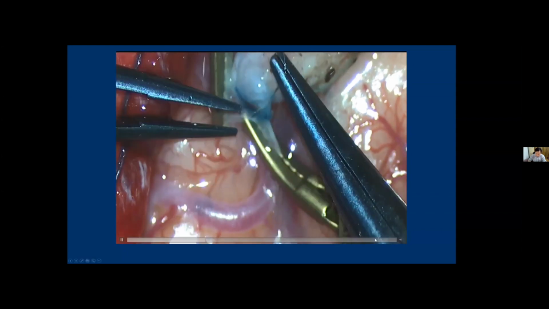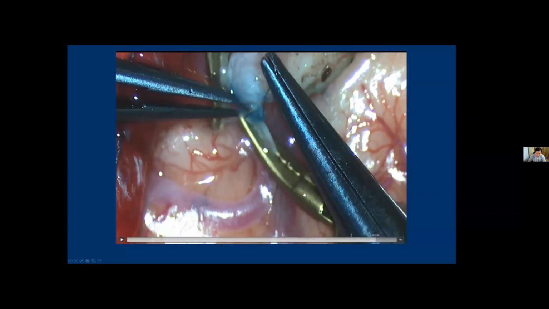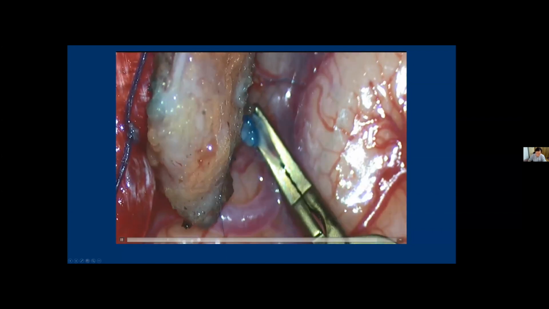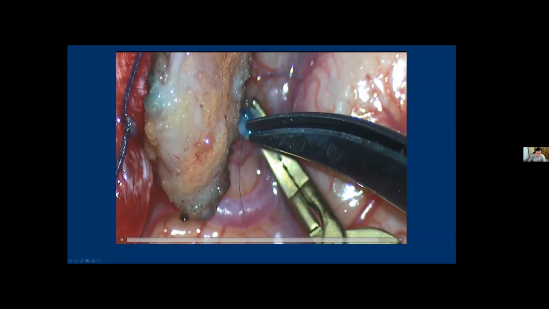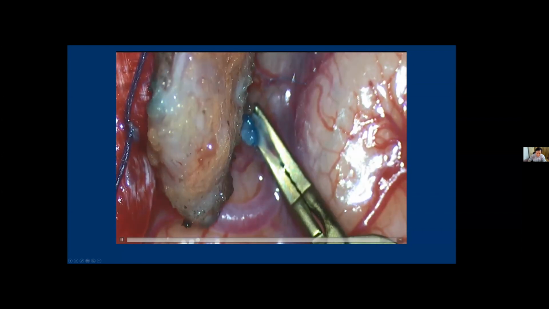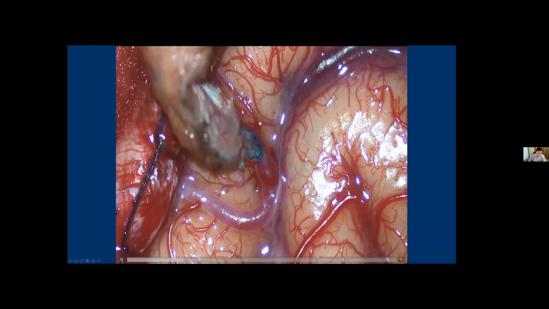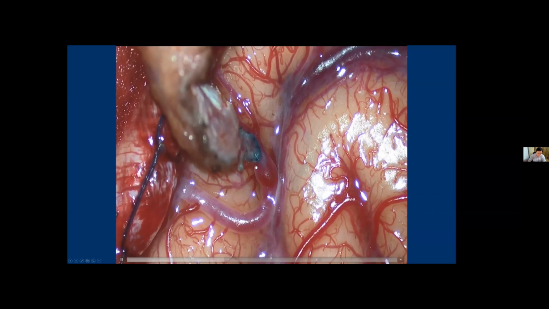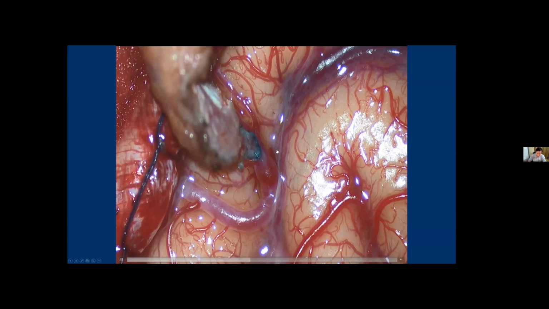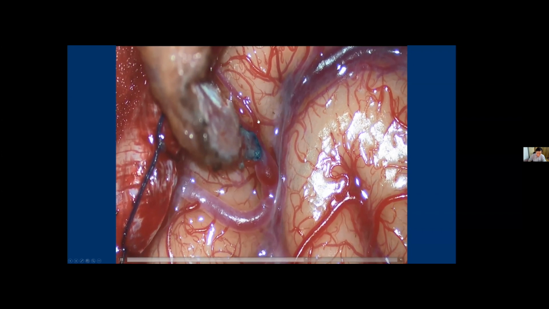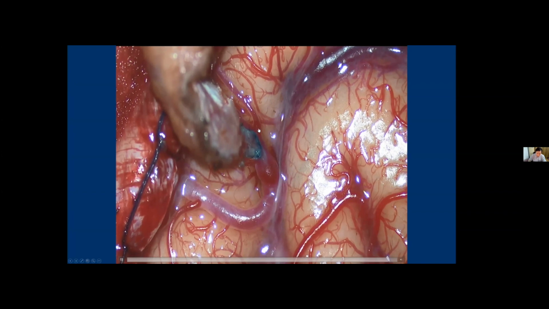So you can see in less than 6 minutes, the stoma was finished. All the branches of the recipient artery were protected very well. I never sacrificed any branch of the recipient artery.